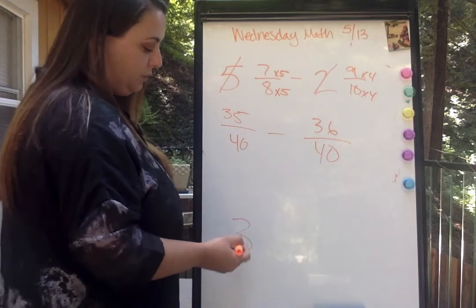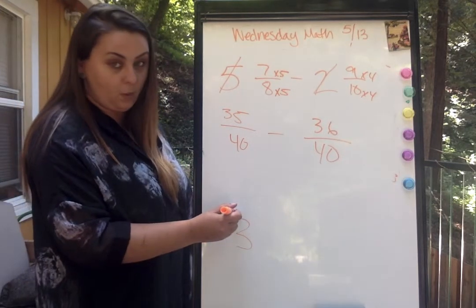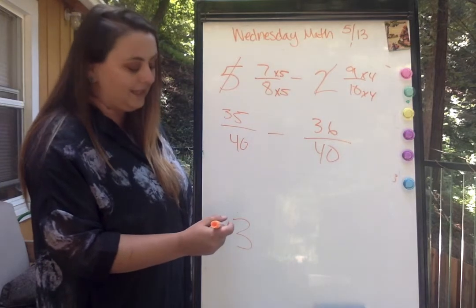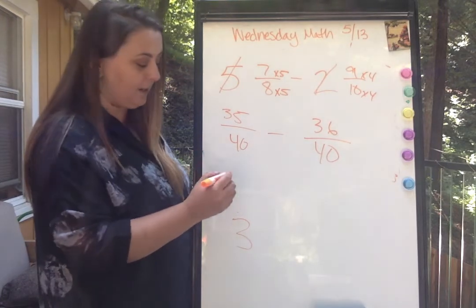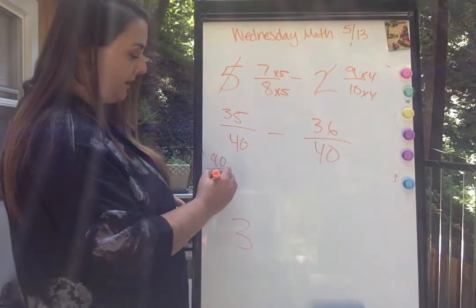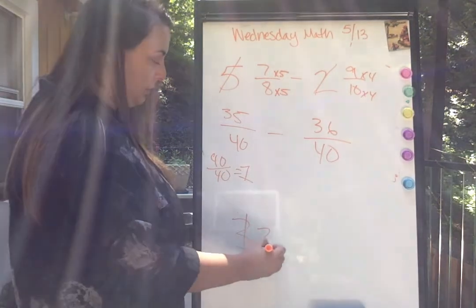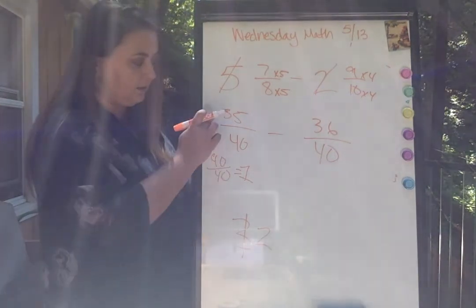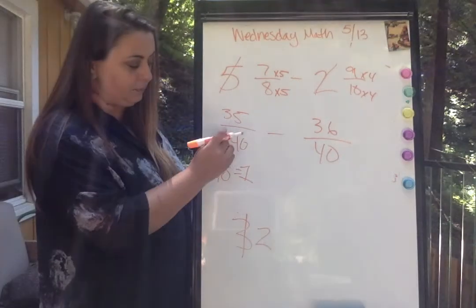So I'm going to need to regroup one of my big ones. So I'm going to take a big one out of this, but in fraction form. And I want my denominator to stay the same. And like you know, when you take out a big one, so this is going to become a 2. And then I'm going to add this 40/40ths to this first fraction to regroup it into here.